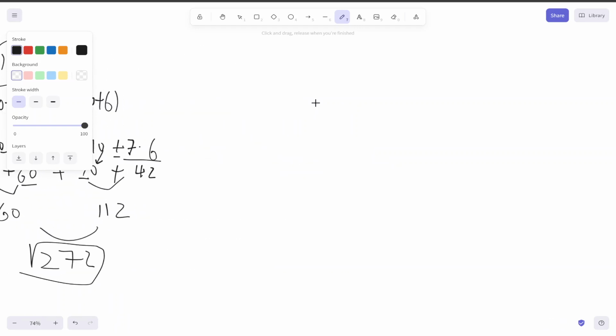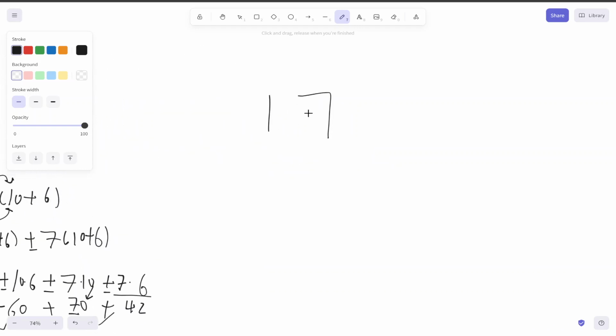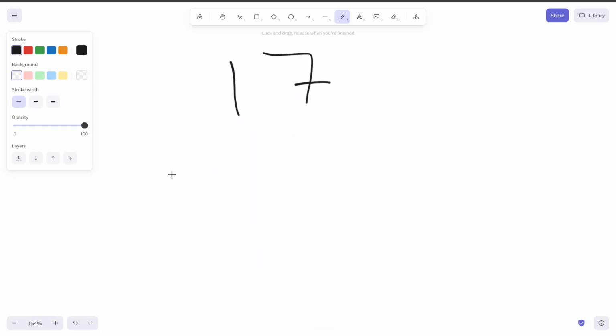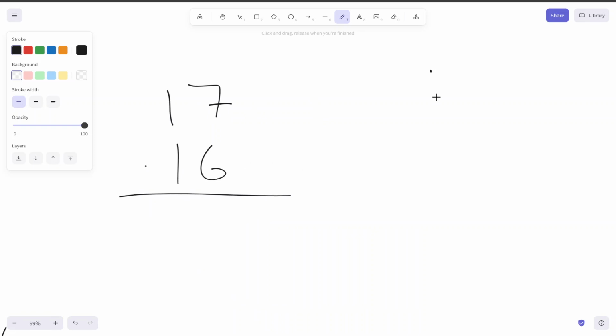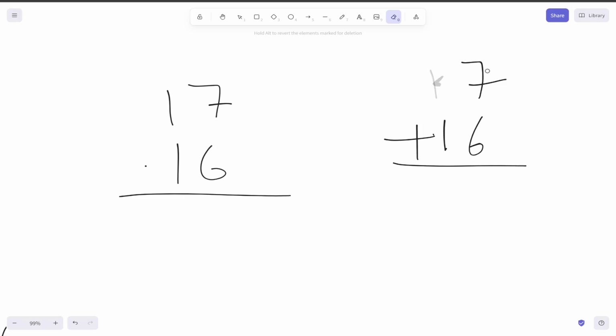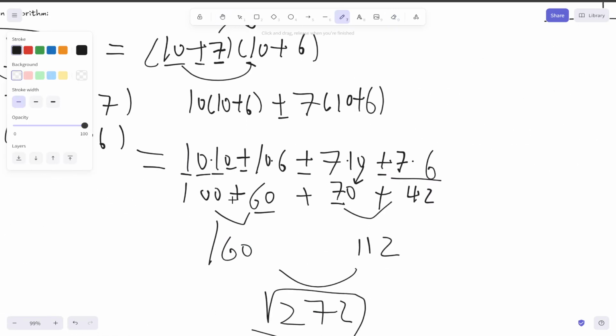So we can notate it as something like this: 17 times 16. This is very similar to the addition algorithm, but somewhat different, though in principle it's the same thing as this.